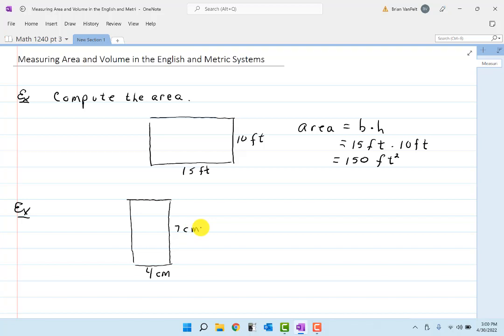Here's another one, same deal. Area, I'll use the letter A for area, is base times height. That's 4 centimeters times 7 centimeters. And that equals 28 centimeters squared.